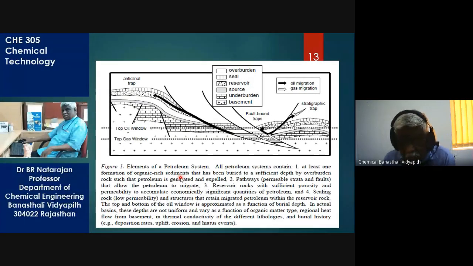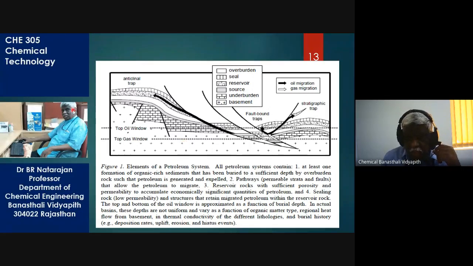You have the rock where it has formed, and then it has moved and got trapped. This is a cap rock, and the oil has got trapped. Somewhere the gas also got trapped. Somewhere the oil and gas were together. In other places, it was only gas and no oil.